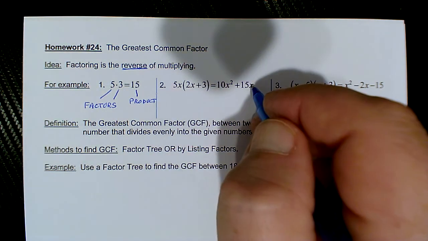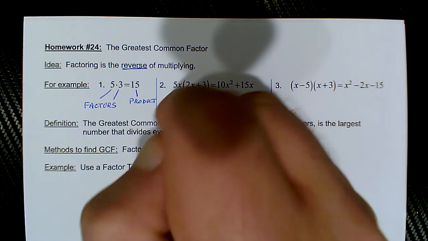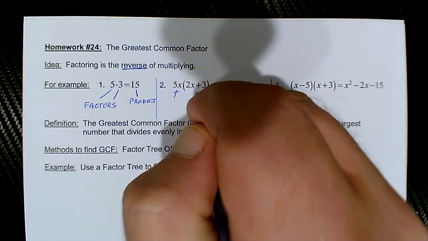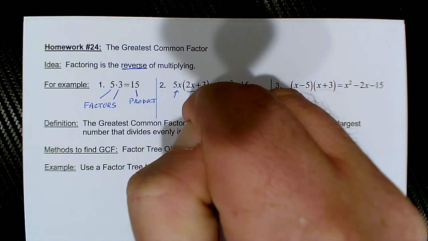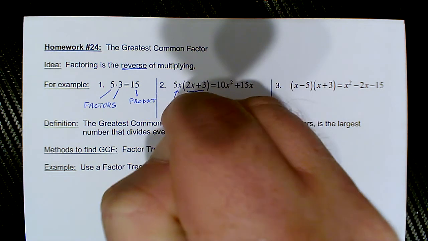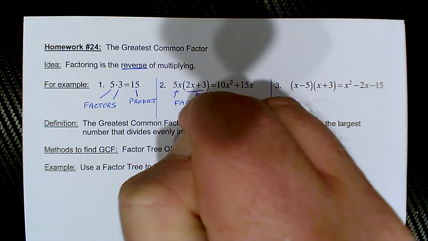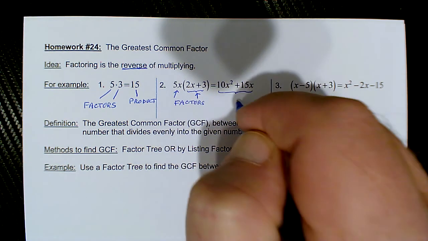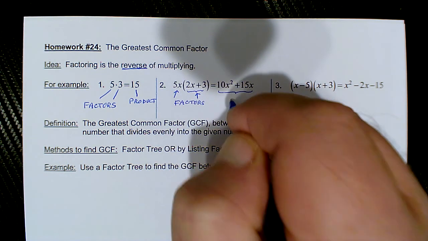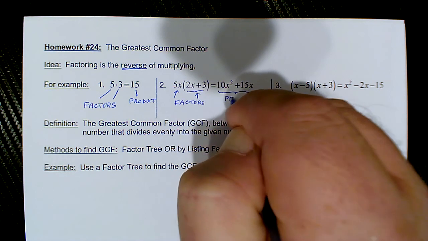Here's an algebraic example. The 5x and the binomial quantity, so the whole thing, 2x plus 3, those are the factors. And then this binomial is the product.